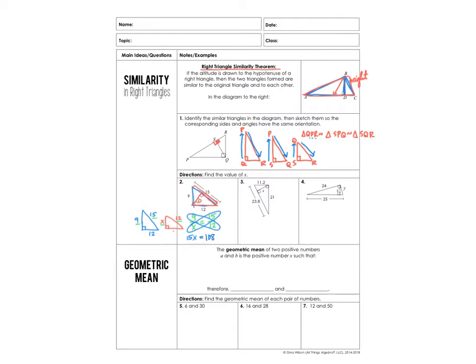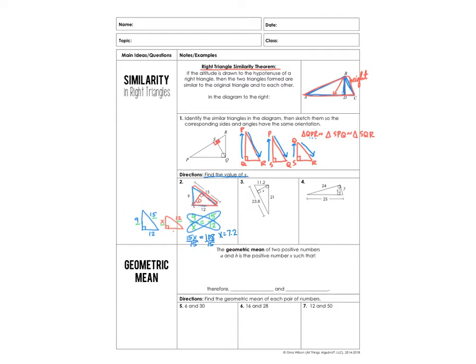Okay, so now you have a simple one-step equation. You're dividing by 15. 108 divided by 15 is 7.2. So x equals 7.2. Okay, now you could find the rest of the side lengths based on those, but it's only asking you to find the value of x.